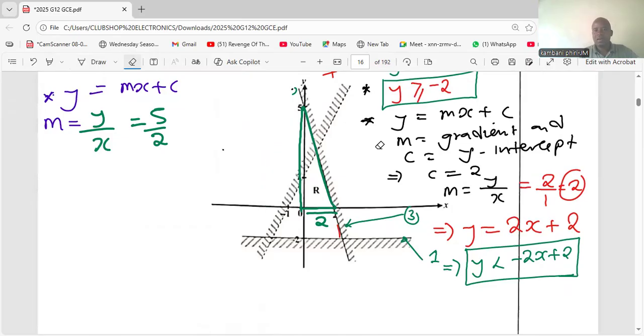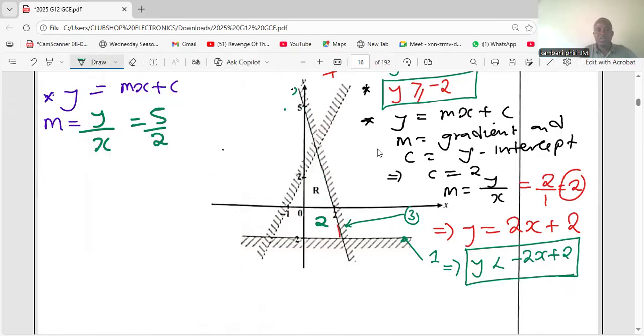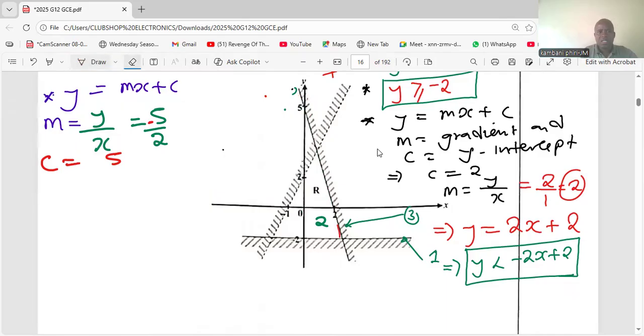But again, we must check the sign of this gradient. You can see that the line now slants towards the left-hand side, so the gradient here is negative. What is our y-intercept? At the point of contact here, you can see that c is 5. Therefore, we can write the inequality directly.